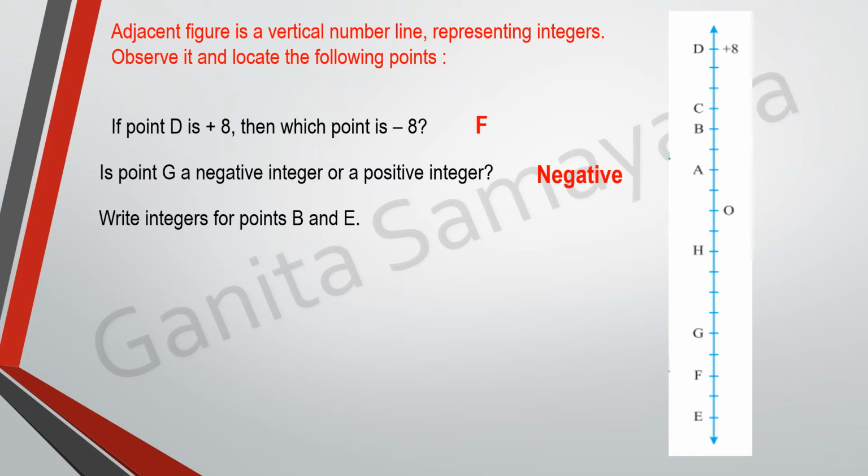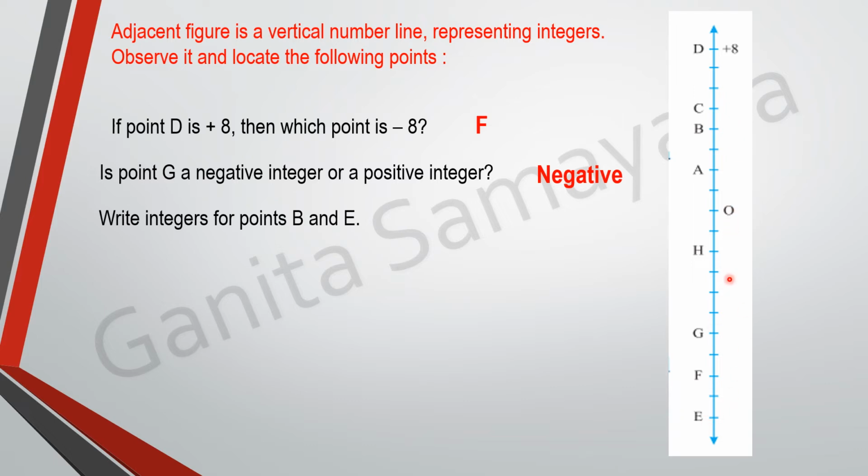Next, write integers for points B and E. Where is our B? Here. Since it is above 0, it must be positive. And where exactly? We have to find the position. For that, what do we do? We count 1, 2, 3, 4. So B is plus 4. And where is E? Here.